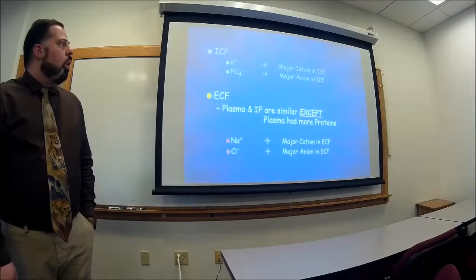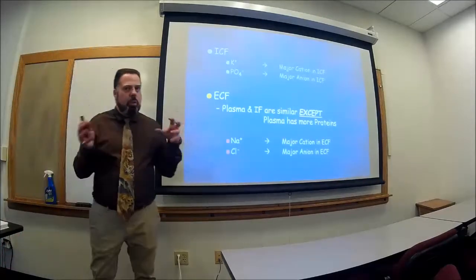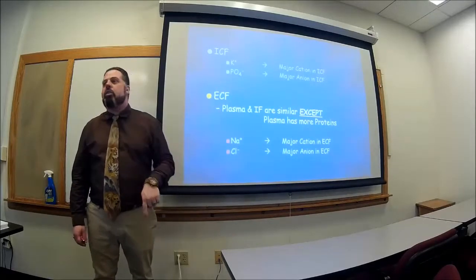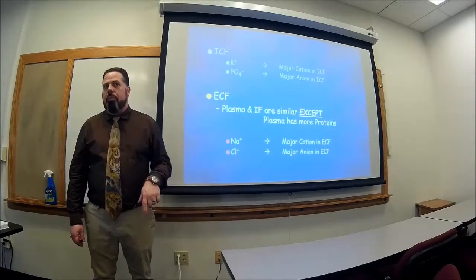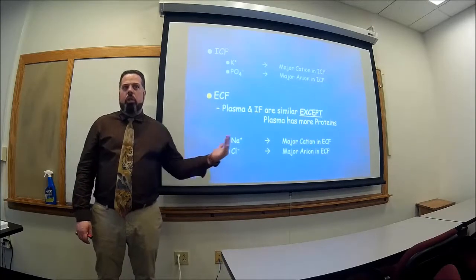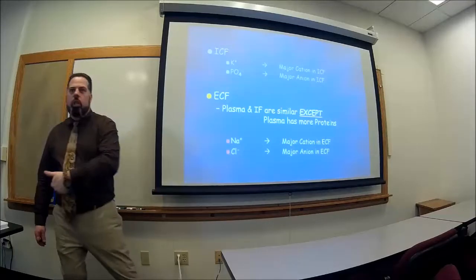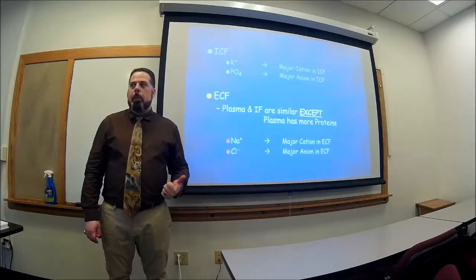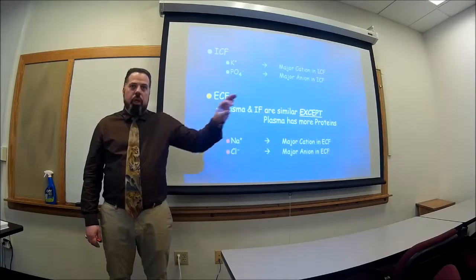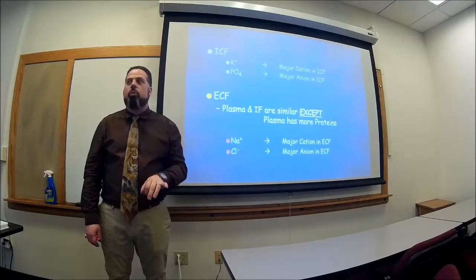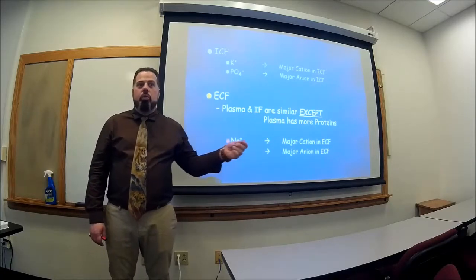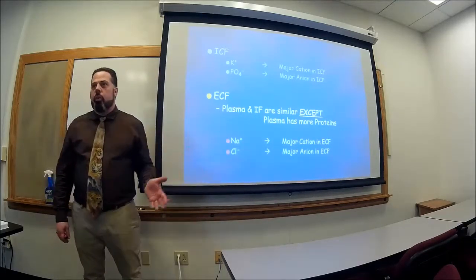So if there's more, let me just so you can put this stuff together. If there is more sodium outside the cell than inside the cell, okay? If the sodium gates open, does that mean the sodium is going to rush inside, or is it going to rush outside? If there are 100 students outside this room, and there are 2 students inside the room, when those doors open, do the students want to go into the room or out of the room?